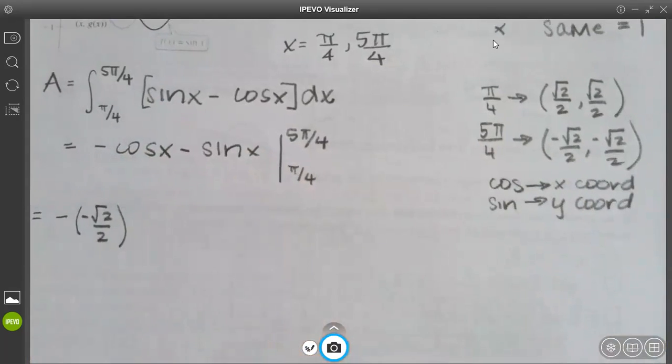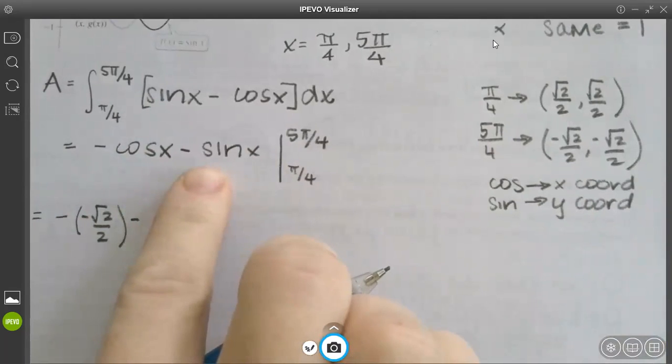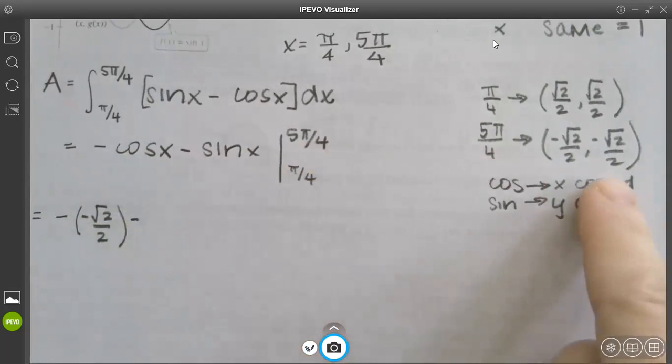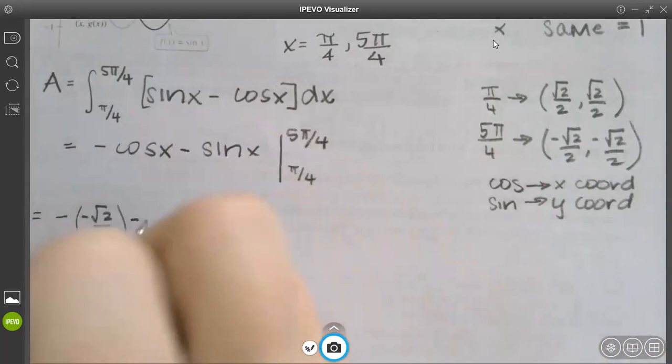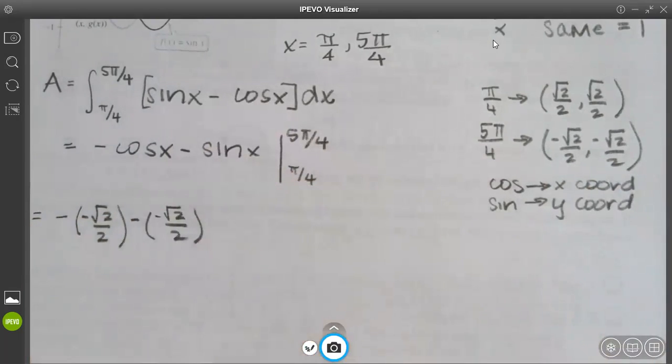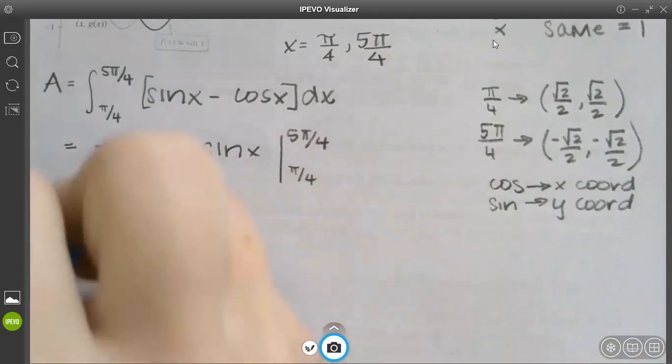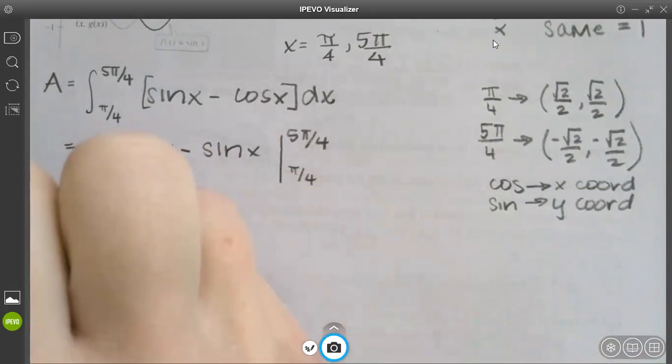Minus. We're doing 5 pi over 4, but this time we're doing sine of 5 pi over 4. Sine is your y, but they're the same, so it's still going to be negative square root of 2 over 2. So this is your first one, for 5 pi over 4.